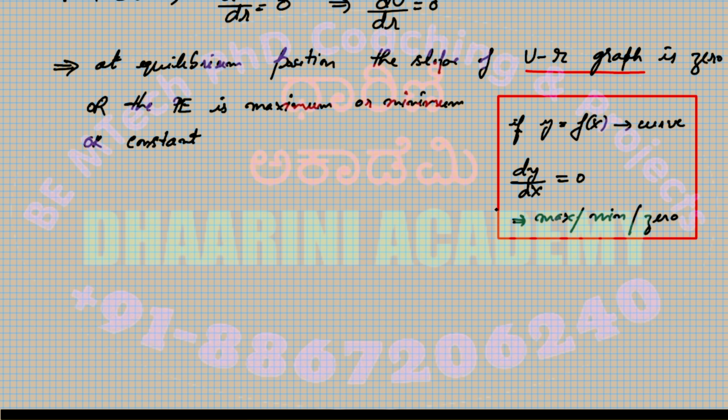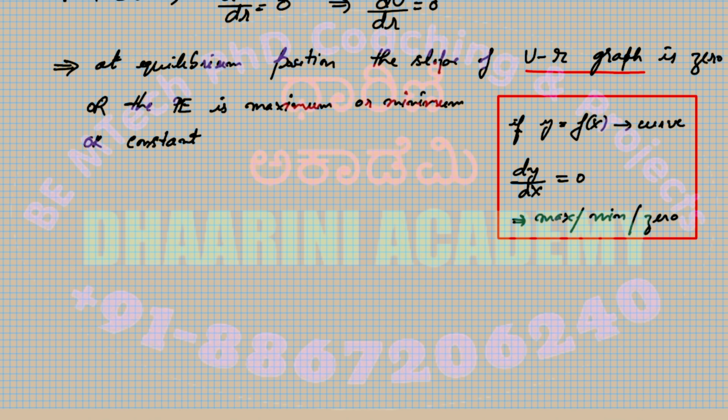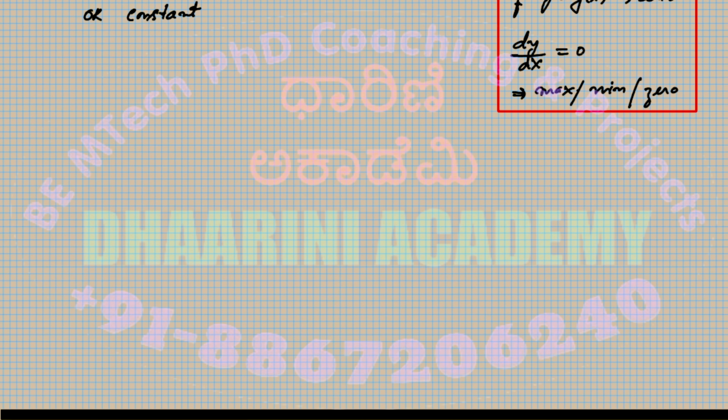That's why we can say that it can be a constant. Now, there are three types of equilibrium possible. The first type is called stable equilibrium, the second one is unstable, and the third one is called neutral equilibrium. All right, let's come to the types one by one.